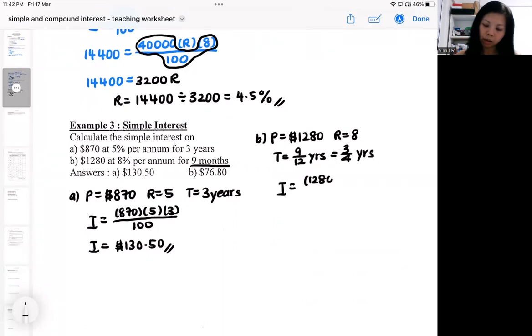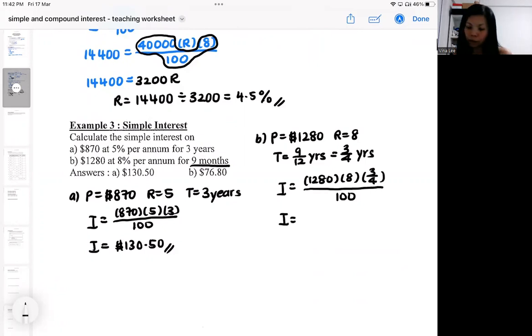PRT over 100, but the T will be 3/4. It's not a full year yet. So you must remember this. Then you just punch directly into your calculator. So that's how you get $76.80.